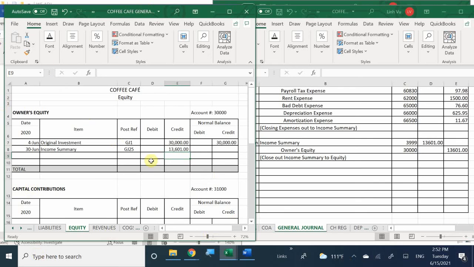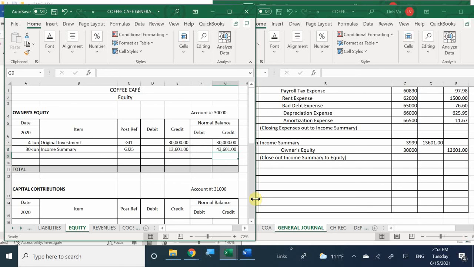So what is my current balance in my equity account? 43,601. Yep, correct.